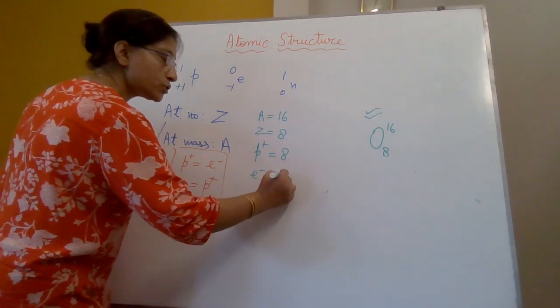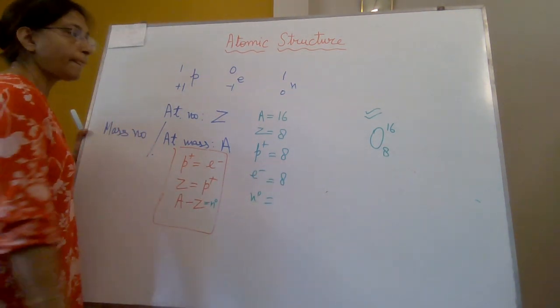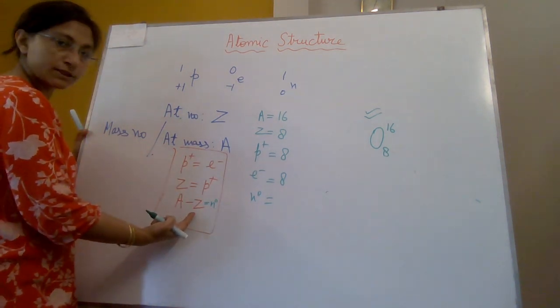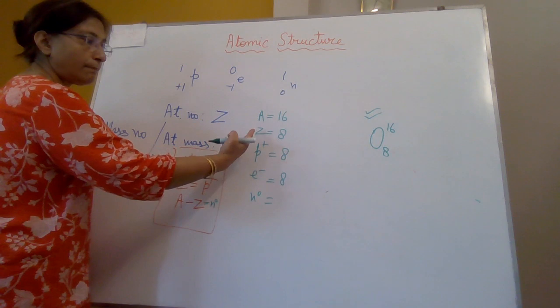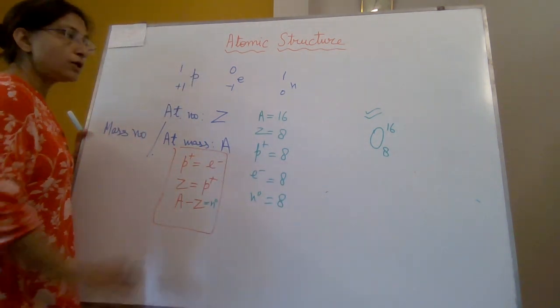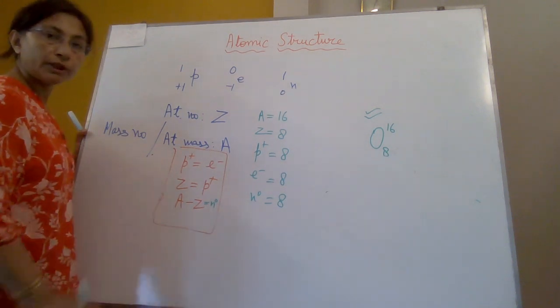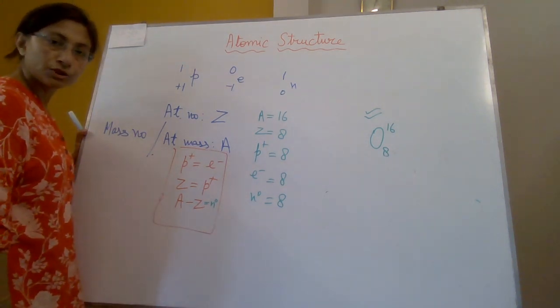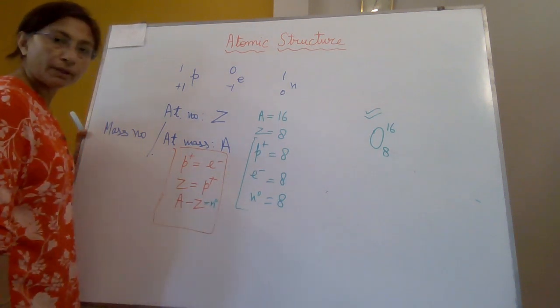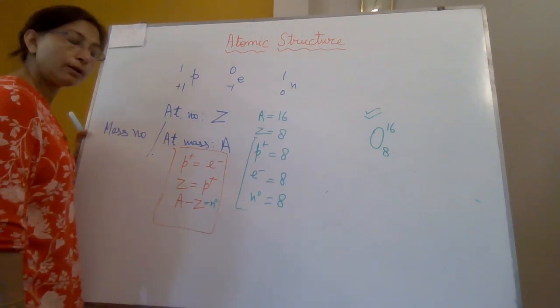And electrons are also 8. What is the number of neutrons? That is A minus Z. So A minus Z, that is also 8. So that is how the atomic number and mass number generally tell us about the various types of subatomic particles that are present in an atom.